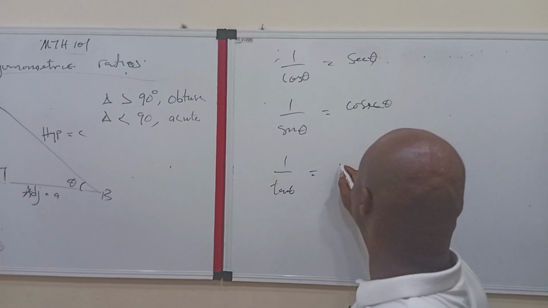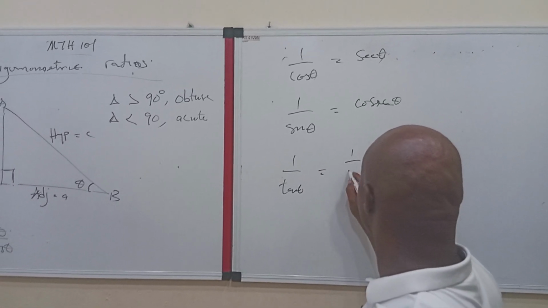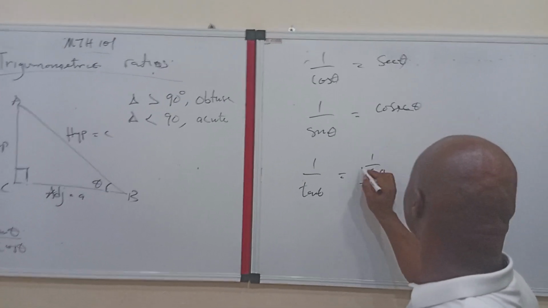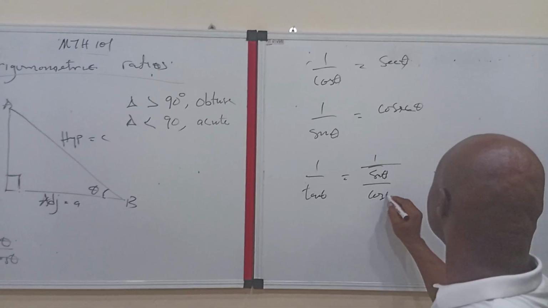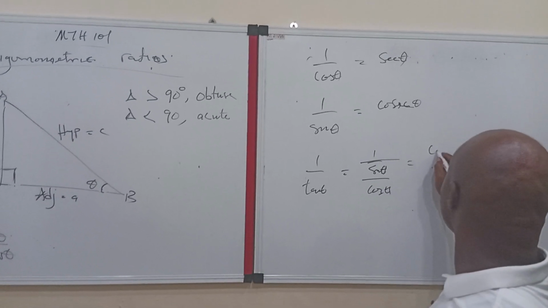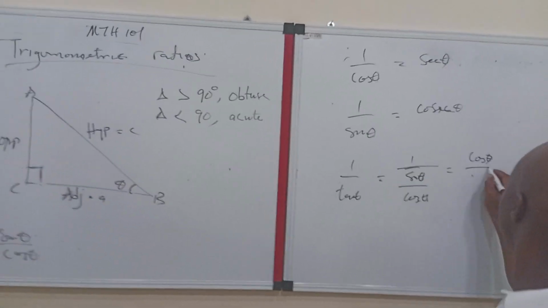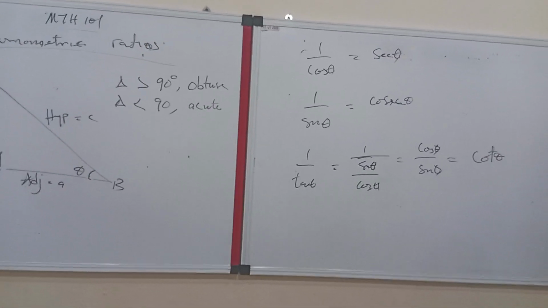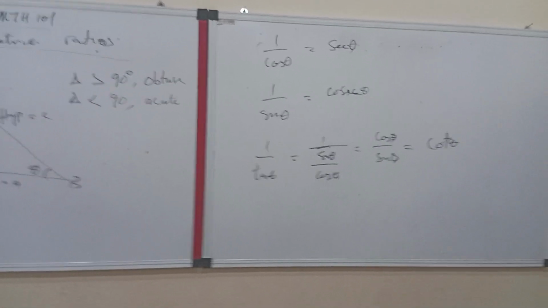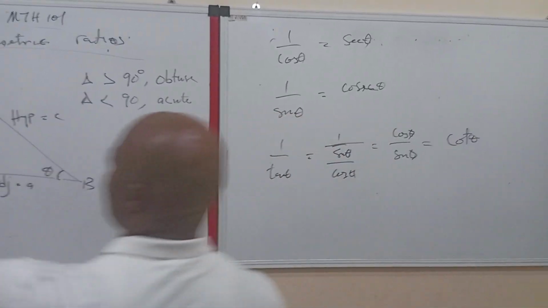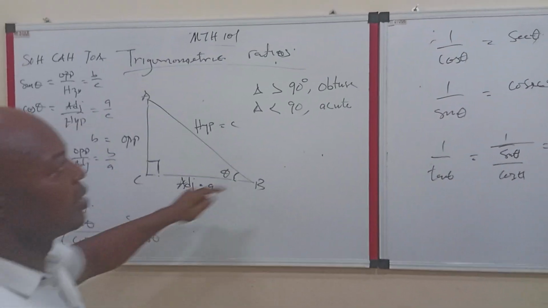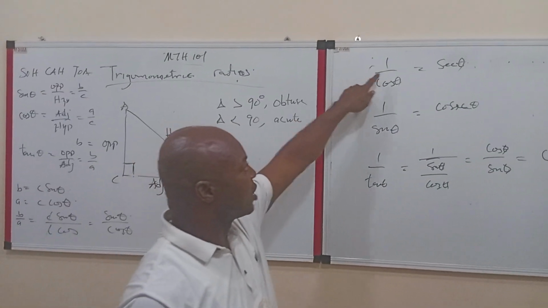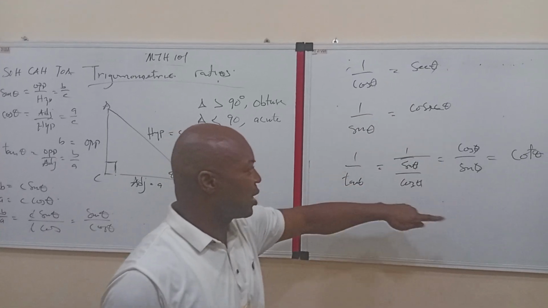And 1 all over tan theta, because we have established that tan is sine theta all over cos theta, is cos theta all over sine theta, equal to cot theta. So we have sine theta, cos theta, tan theta, then the reciprocals of the ratios are sec, cosec, and cot.